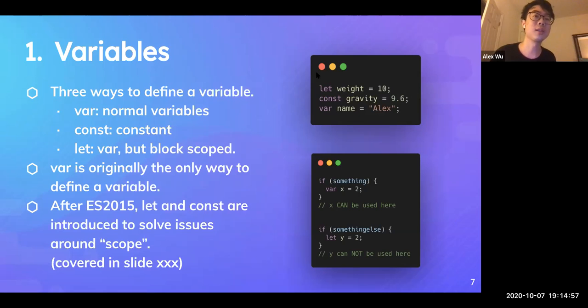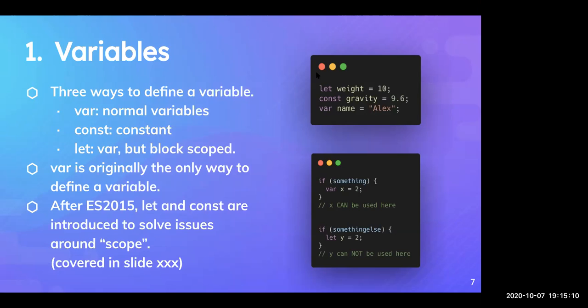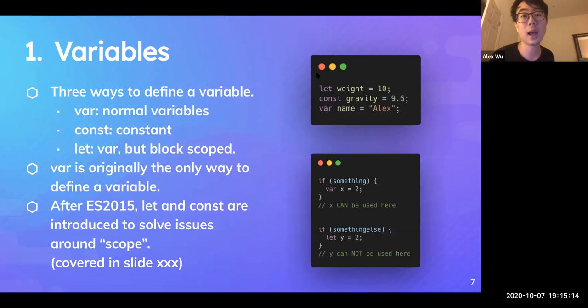The var keyword is the most common variable declaration in JavaScript. And it's introduced before ES 2015. So ES 2015 is essentially a version of JavaScript. And before ES 2015, we only have var as the only way to define a variable.